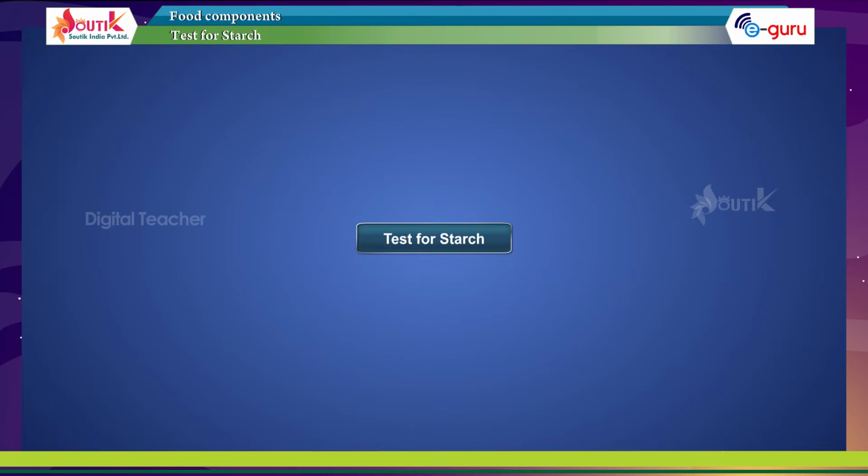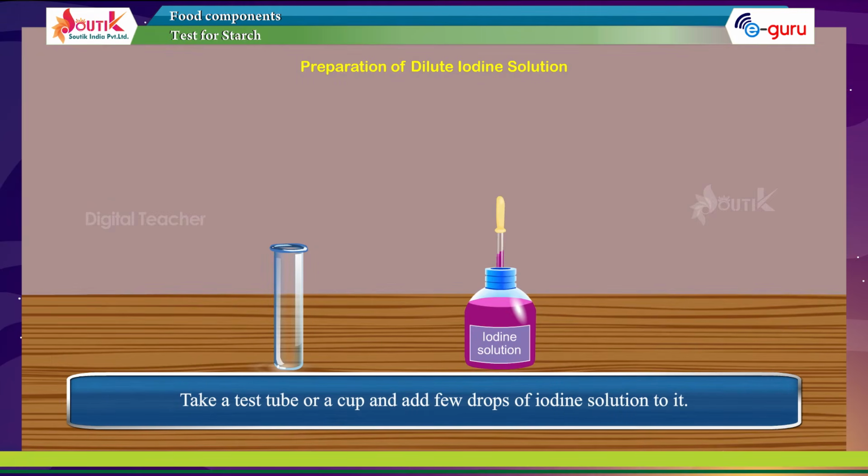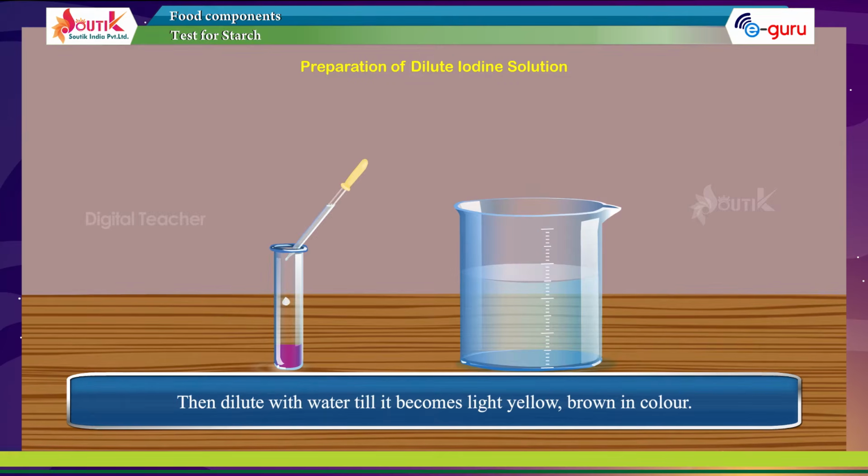Test for starch. Preparation of dilute iodine solution. Take a test tube or a cup and add few drops of iodine solution to it. Then dilute with water till it becomes light yellow, brown in color.